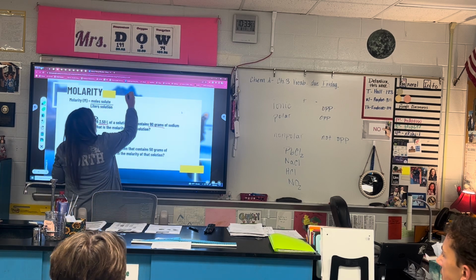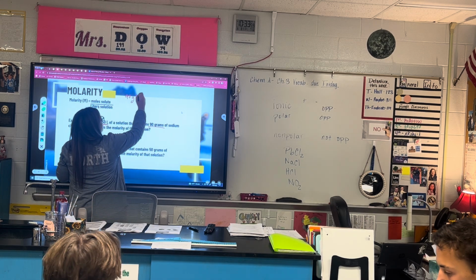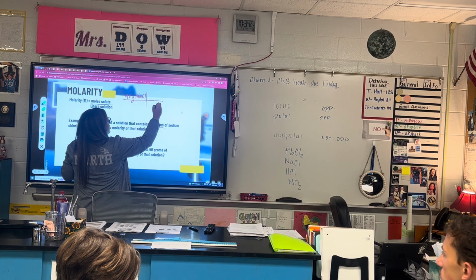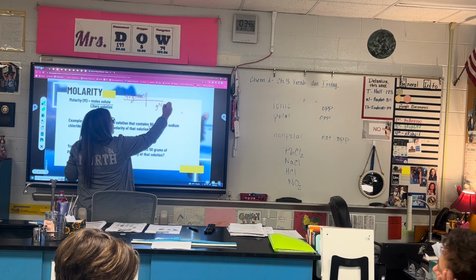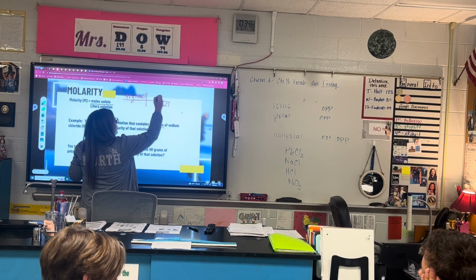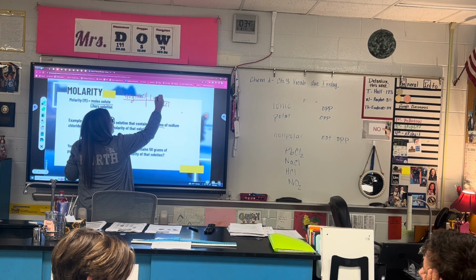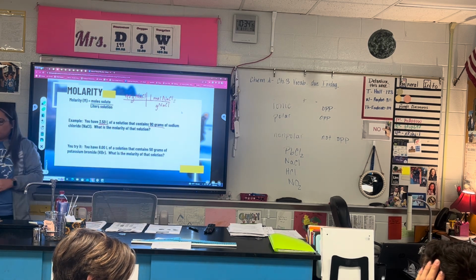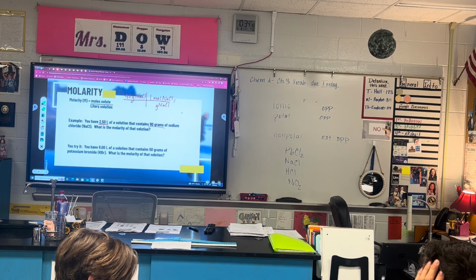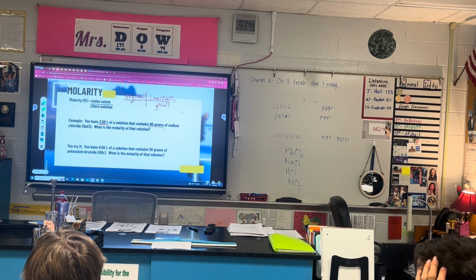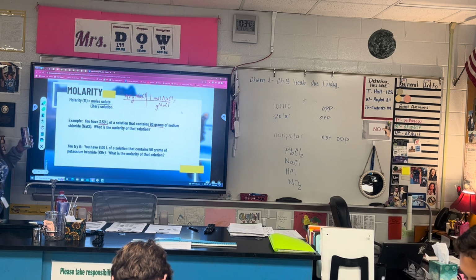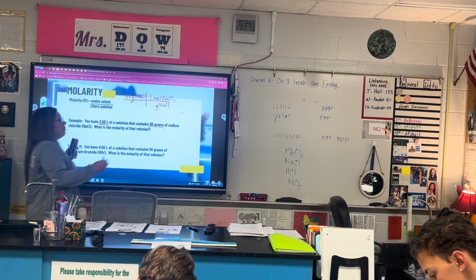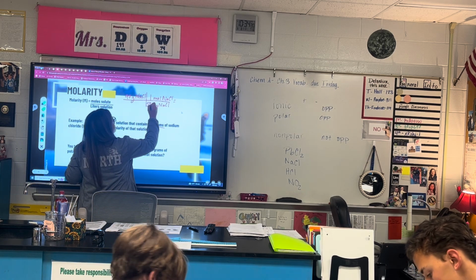So we're gonna start with our 90 grams of sodium chloride, and we have to convert that to moles. So I'm gonna bring my grams of sodium chloride down here. And how many grams of sodium chloride would that be for 1 mole of NaCl? So real quickly, find the mass of sodium chloride. 58.43, rounded.